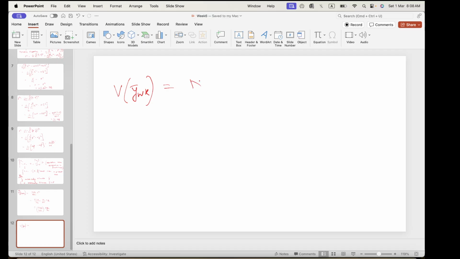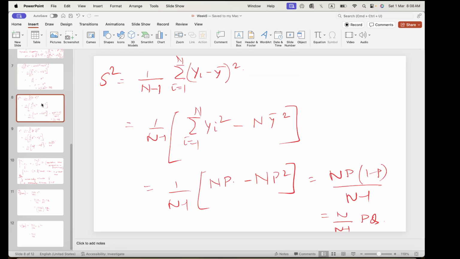That is equal to (N minus 1) by N capital S square, so that would be (N minus 1) by capital N small n. We'll replace it by the capital S square value, that is capital N by capital N minus 1 PQ.